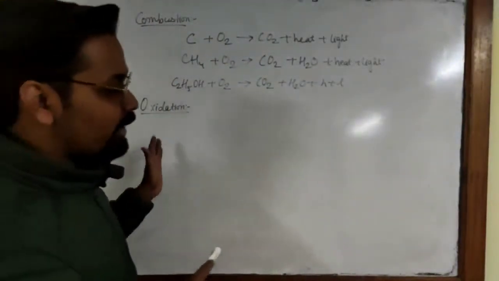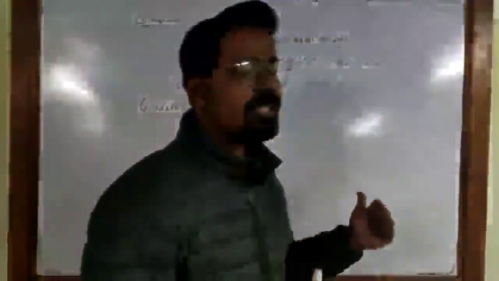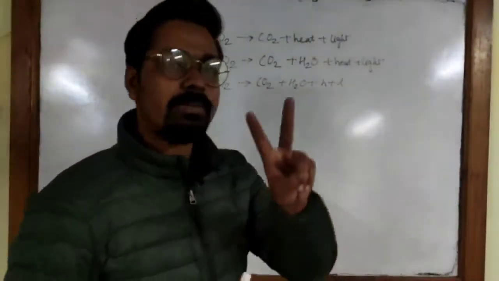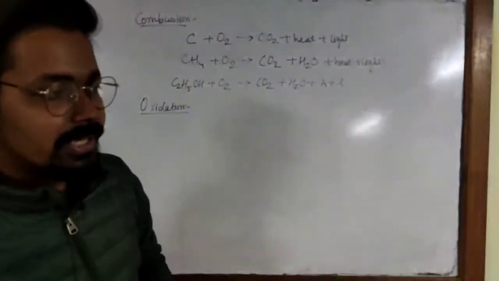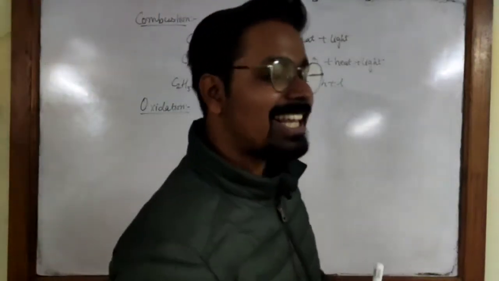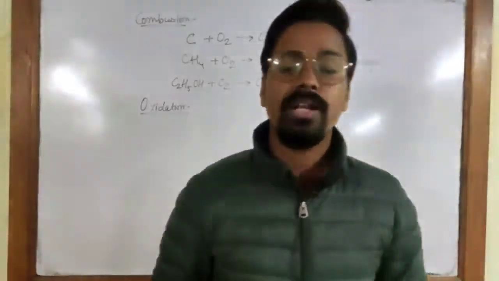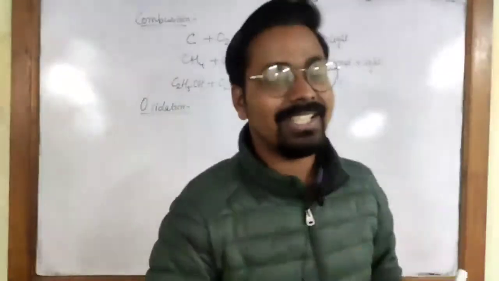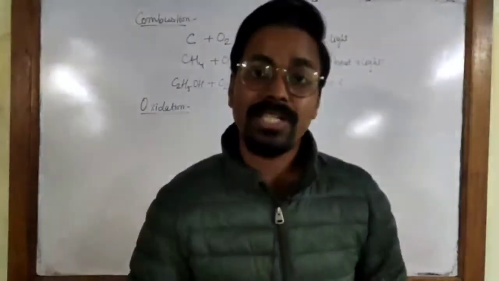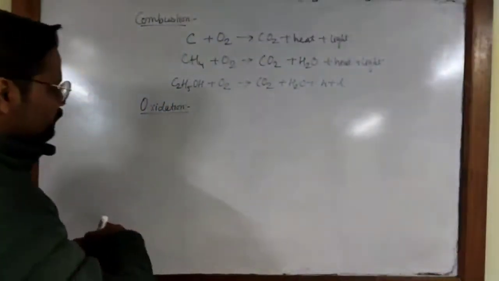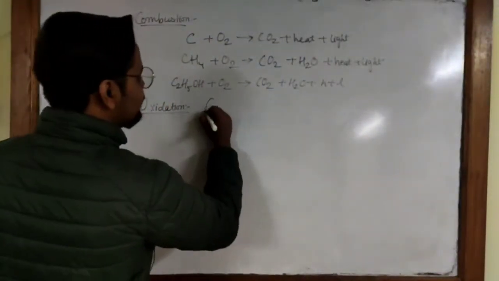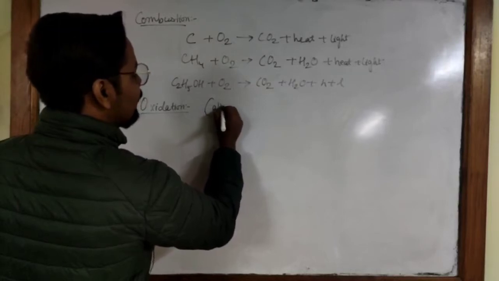Now in this reaction, the reaction that is given in the book and that we are going to see now, we are going to use either of two types of oxidizing agents. The first one is alkaline KMnO4, that is alkaline potassium permanganate, or acidic K2Cr2O7, that is acidic potassium dichromate.